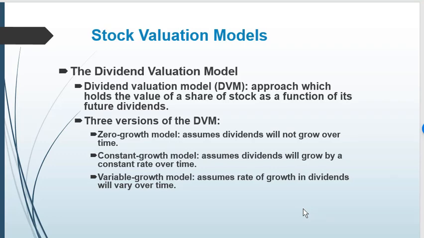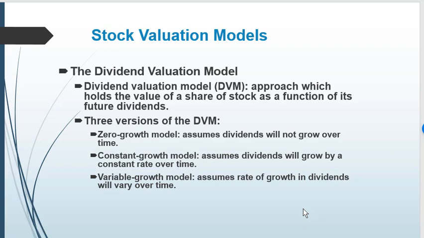Just to save time, and because in the end it really doesn't matter, I assume the zero growth model is just a specific version of the constant growth model. If your stock never grows, we would say that it has a constant growth of 0. So we really only need one formula, one model.